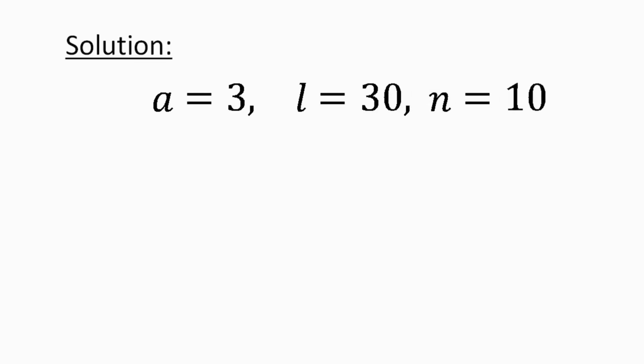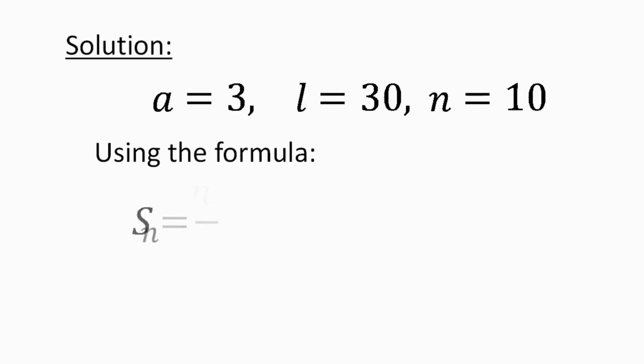Solution. Let us look into the given data. The first term, A, is equal to 3. The last term, L, is equal to 30. The number of terms, N, is equal to 10.